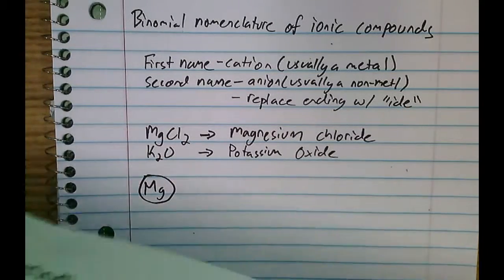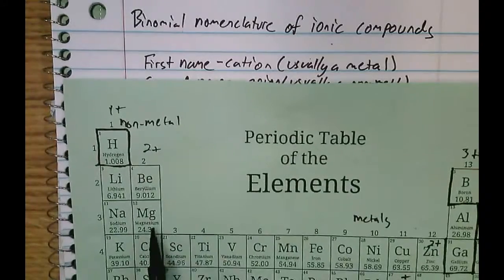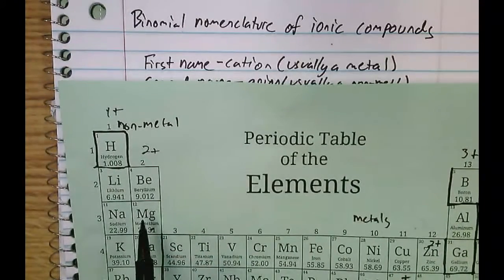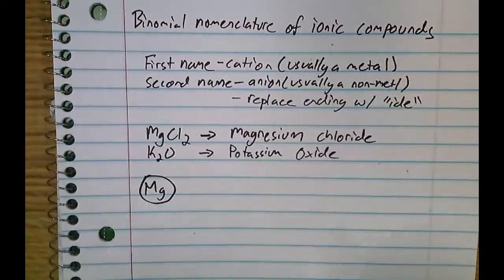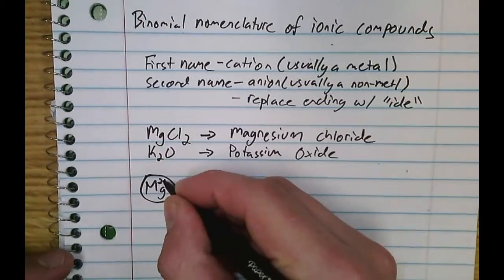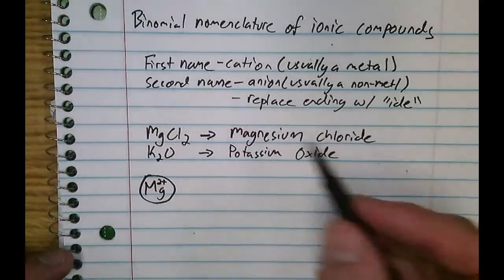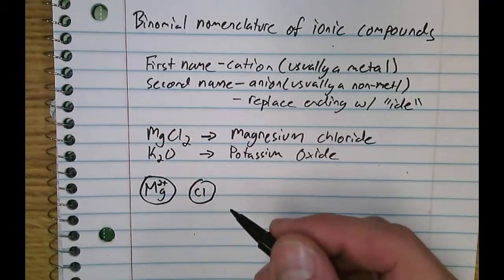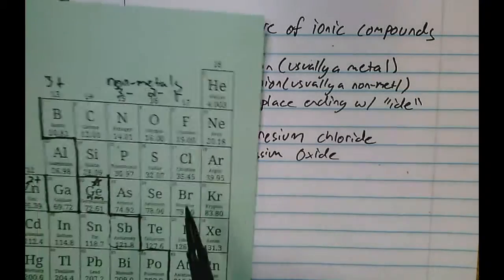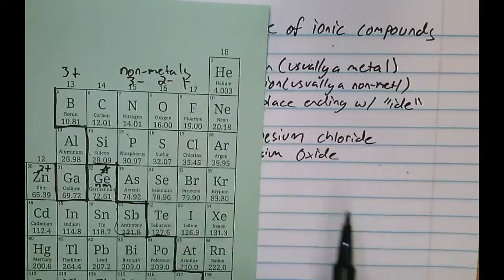Well, conveniently, magnesium is one that we always know the charge of. When in an ionic compound, it will take on a 2+ charge. Okay, so I'll draw 2+. I also know I have chlorine. And chlorine's a nonmetal, so I know what charge it will take on. It's going to take on a -1 charge.